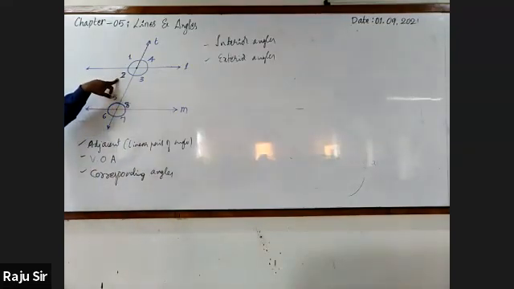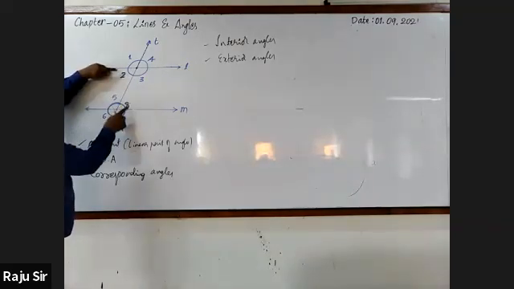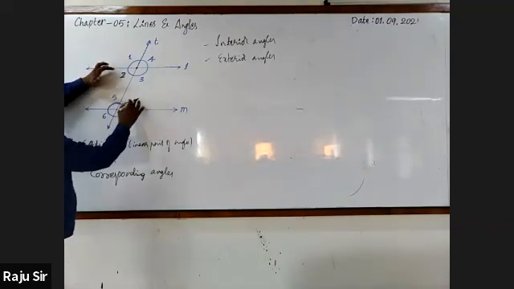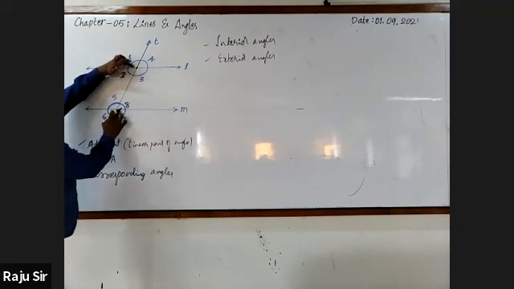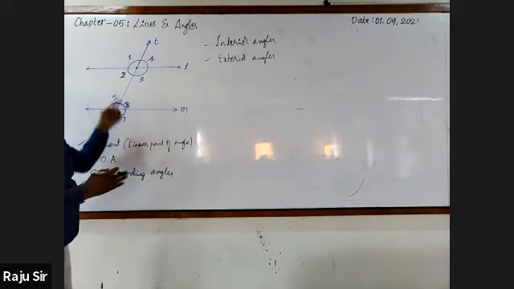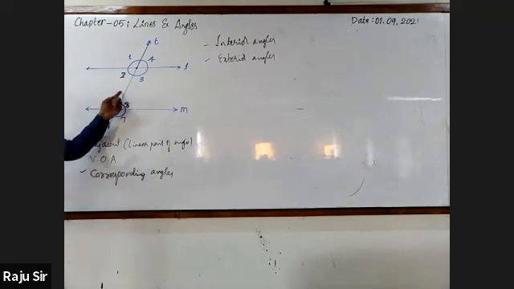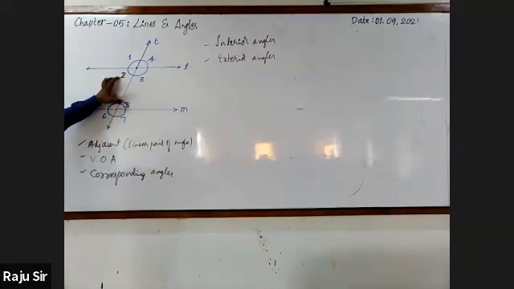The angles that are formed on either side of the transversal at distinct points and within the parallel lines are called alternate interior angles.